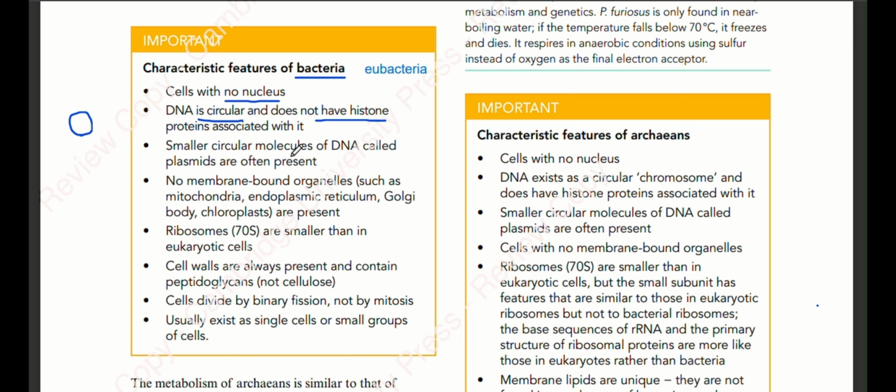Small circular molecules of DNA, plasmids, are also present in bacteria. Not all bacteria, but most of the time they are present.